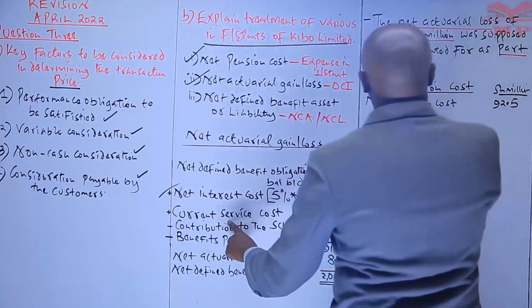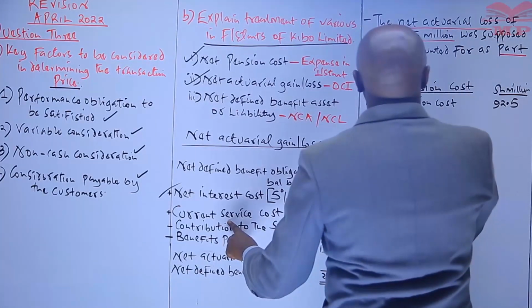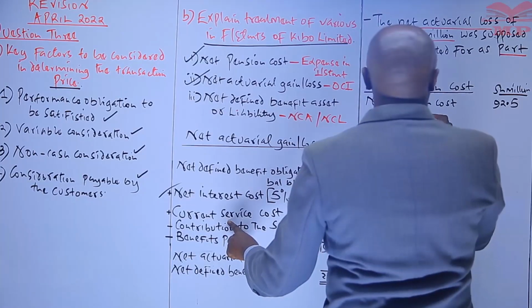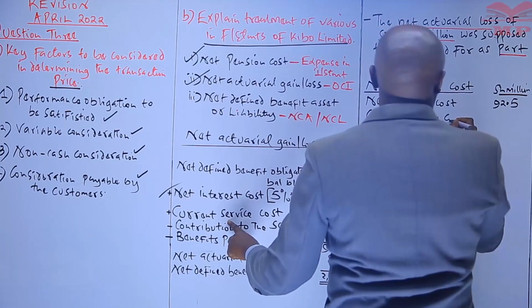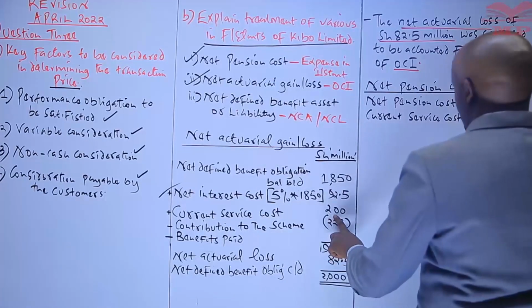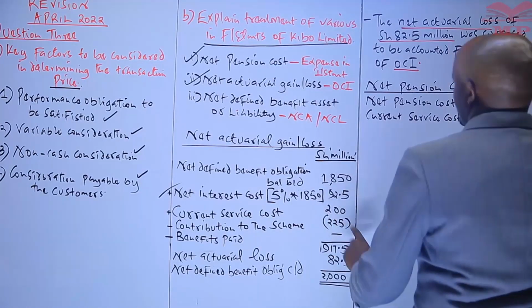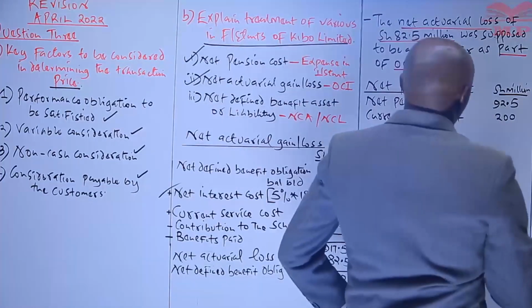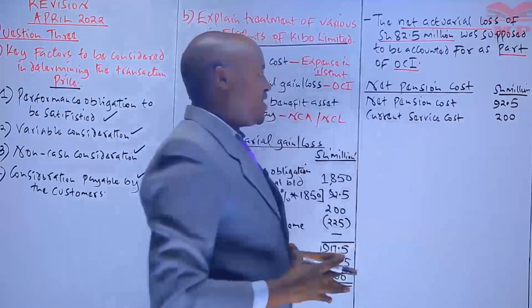We also add the current service cost. How much is that? It is 200. And basically these are the only two items which we take into account.